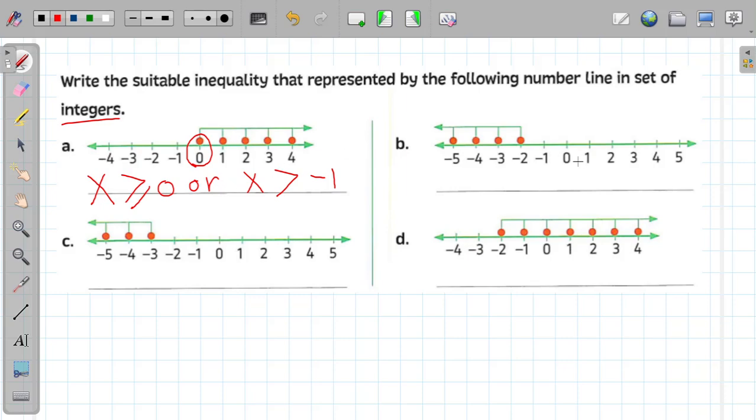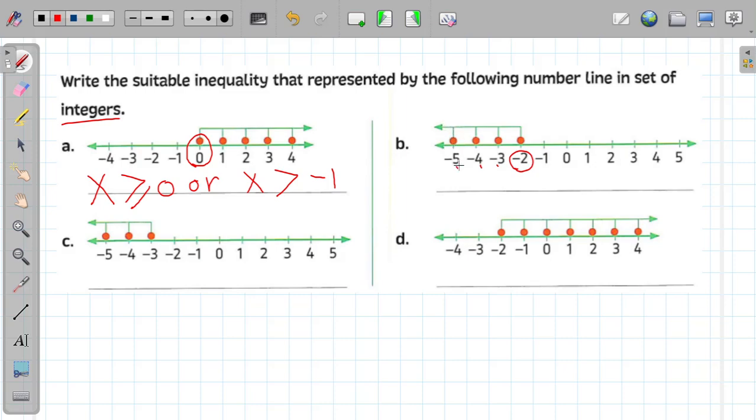The second one here, I am starting with -2. Next I have -3, -4, -5, and so on. So I have numbers that are less than -2, and I have also -2. So I'm starting with -2, and after that I have numbers less than -2.